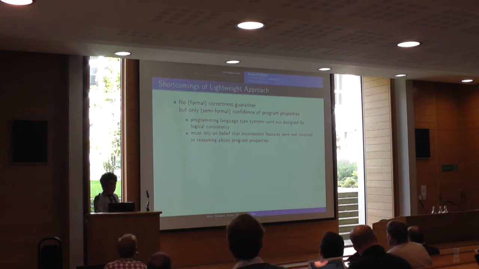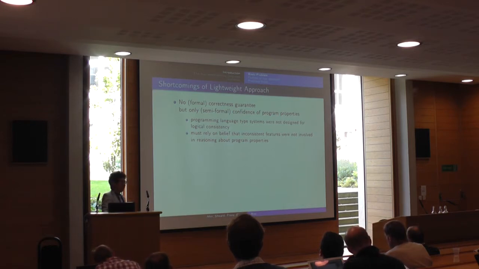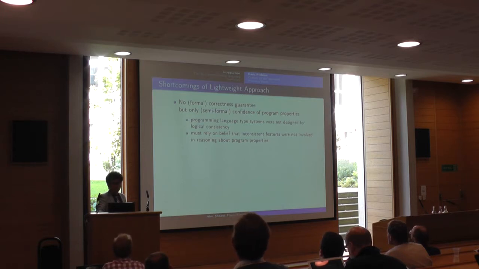One of the shortcomings is that there isn't really a formal correctness guarantee, as in, say, theorem provers, because it's really this semi-formal confidence you have, believing in yourself that you haven't used anything wrong, including infinite loops and those kinds of things that inject inconsistency into your proofs about program properties.